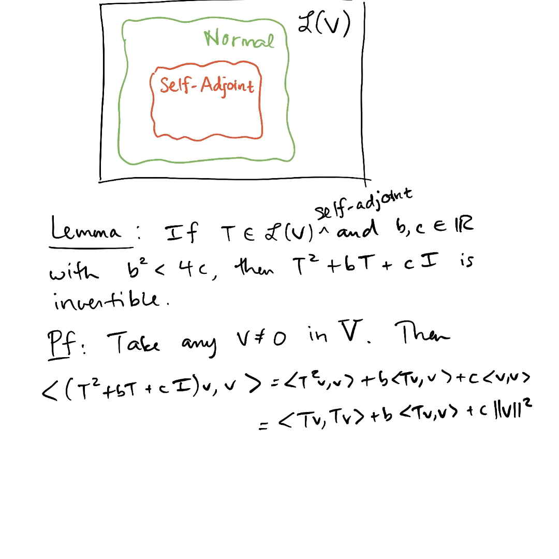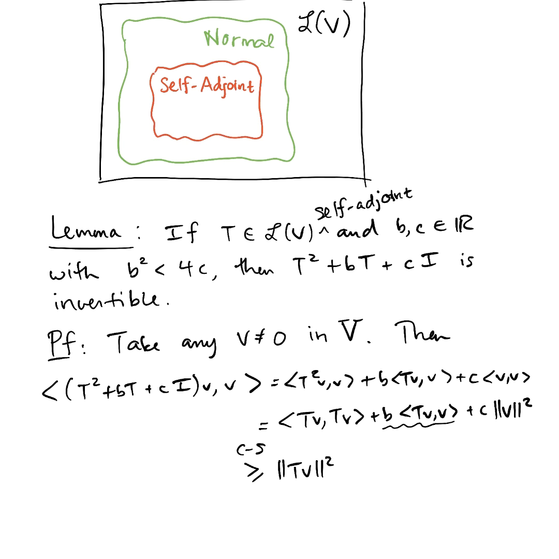Okay, and now this is bigger than or equal to, by Cauchy-Schwarz, good old Cauchy-Schwarz. Okay, this first term, well, that's norm Tv squared. Now this middle term, the size of it, at most, the size of that is absolute b norm Tv norm v by Cauchy-Schwarz.